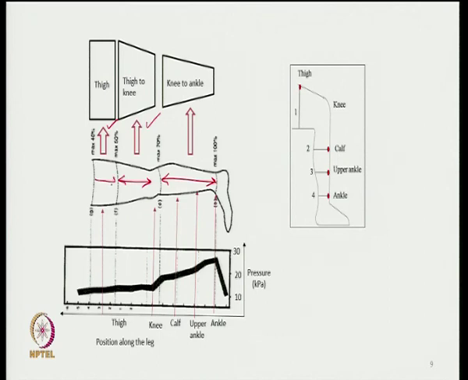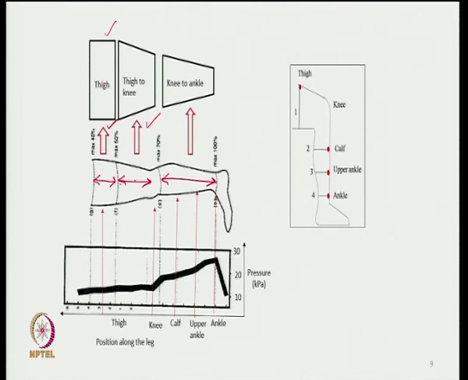So, the entire garment can be divided into 3 regions, and if we assume that the geometry of this part of the thigh is nearly circular or round, then the corresponding fabric that we need to cover this thigh and develop pressure will look like a rectangle.